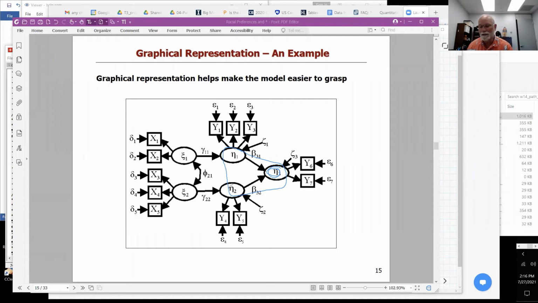We're not going to hang on to that notation because it becomes confusing in this framework. But that is analogous to eta 3 being a y variable, and I should have said eta. Eta 3 is a y variable predicted by eta 1 and eta 2, which correspond to X variables.